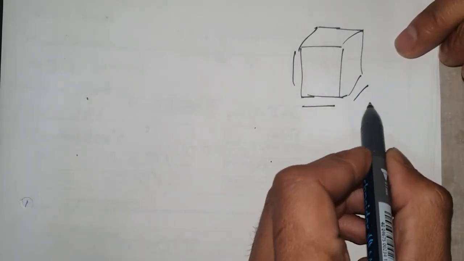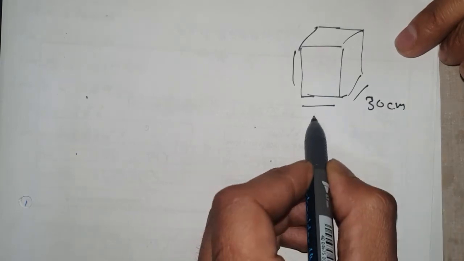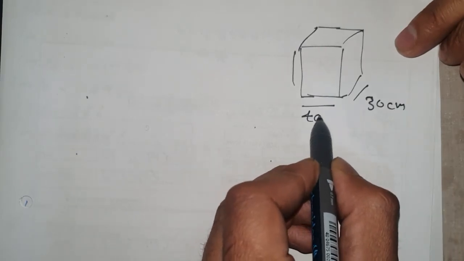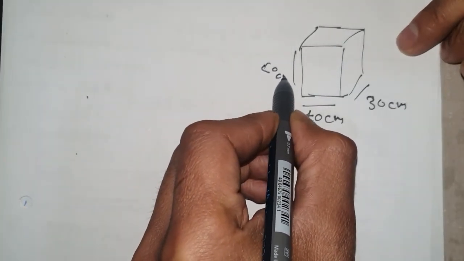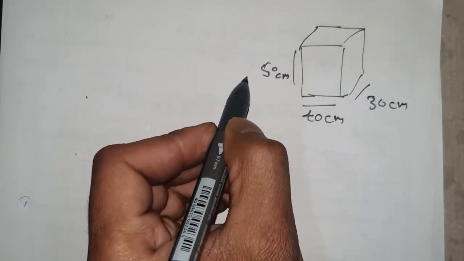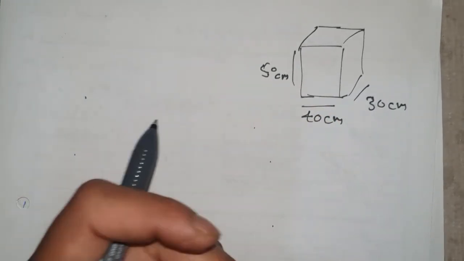Suppose the length is 30 centimeters, the width is 40 centimeters, and the height is 50 centimeters. We have to change the cubic centimeters to milliliters.